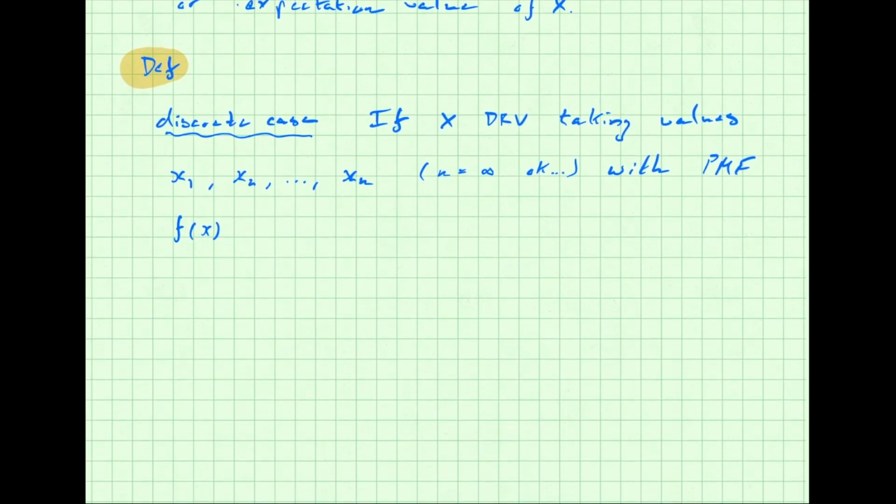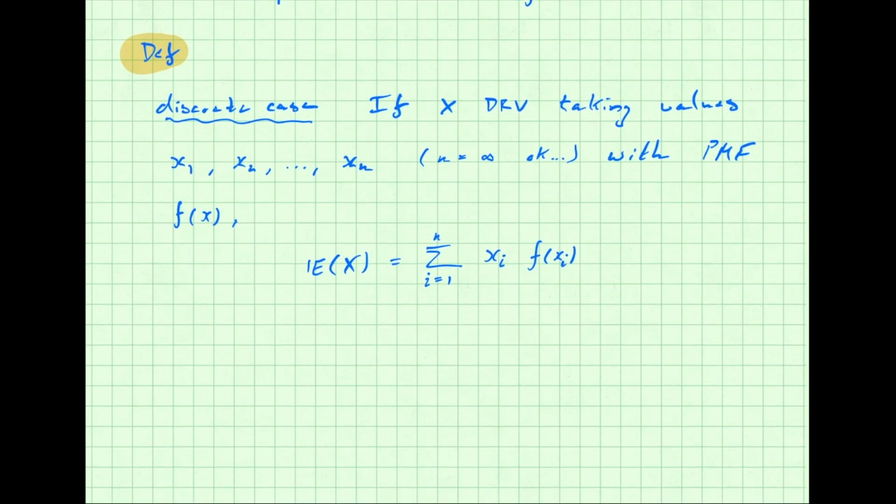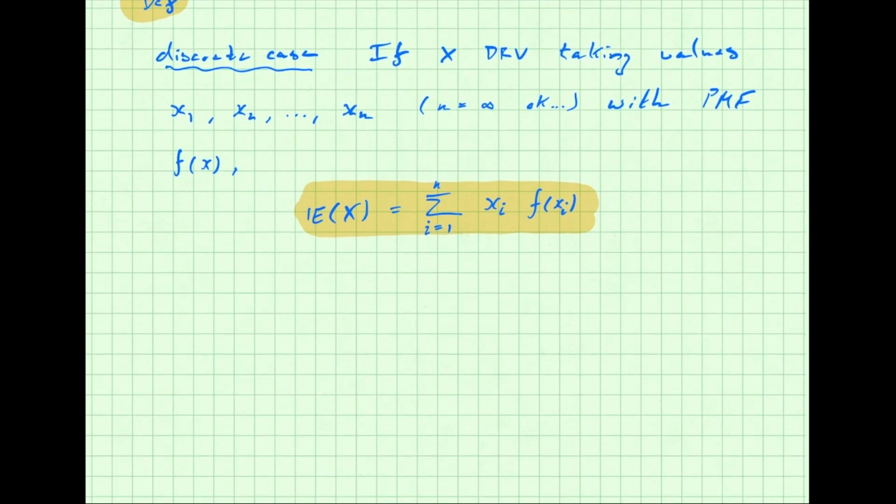Then the expected value is as follows. The expected value of x is equal to the sum, i equals 1 to n, of xi times f of xi. I'm going to highlight this whole expression, because it's really our definition. That's the expected value or expectation value in the discrete case.